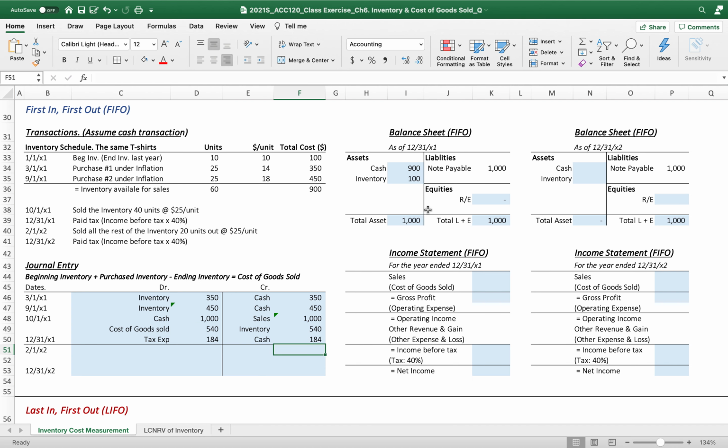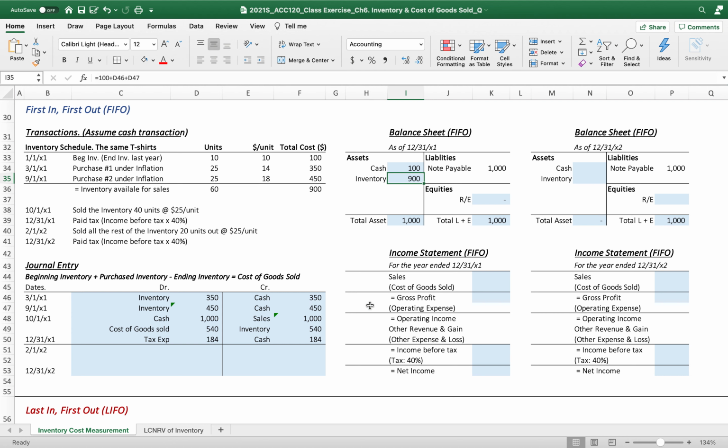Then let's post this journal entry into the balance sheet and income statement for the first year. Inventory up 350, and then cash out 350, and then inventory increased by 450 and cash out 450, the same amount. We still matched out 1,000 between total asset and liability and equity.